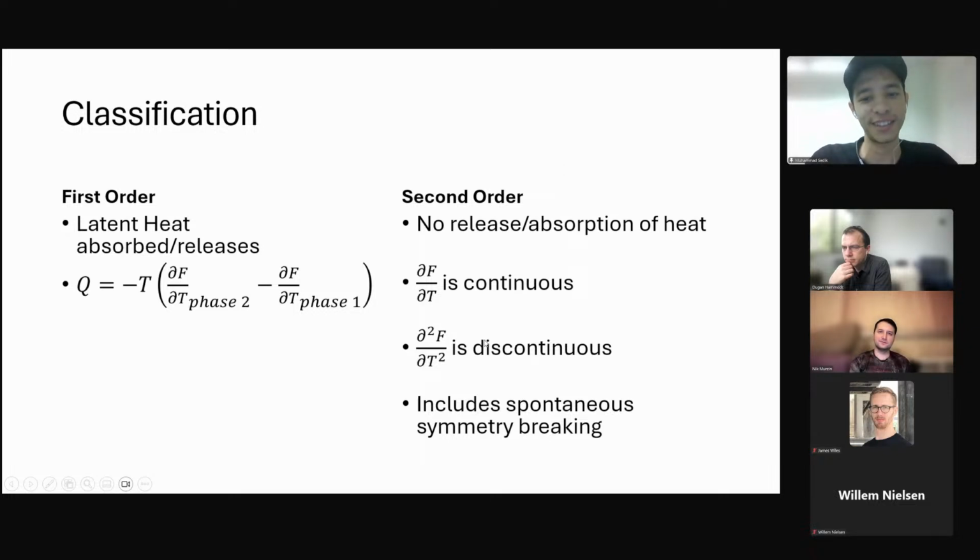So any higher order discontinuities will still be called second order. It's a little misleading, but it's just a convention, and they don't happen in nature a lot. So that's why it's not a big deal. They're just mentioning it.